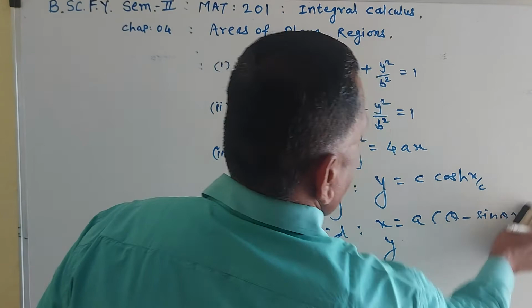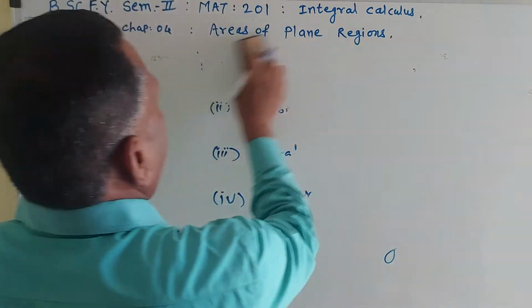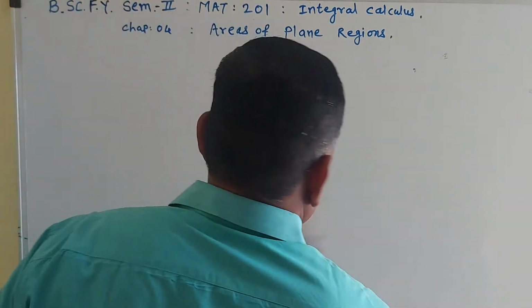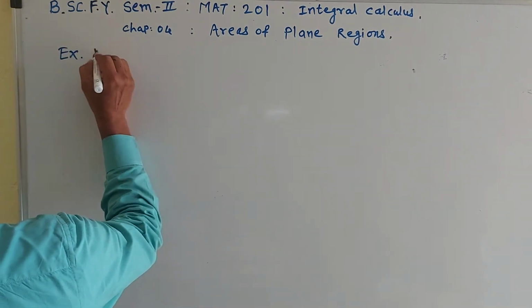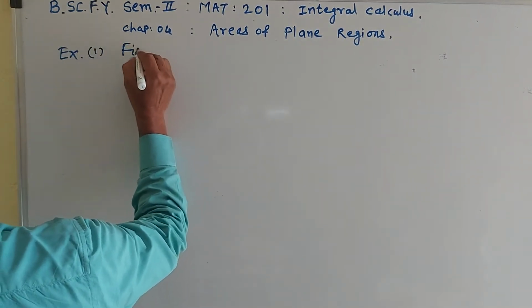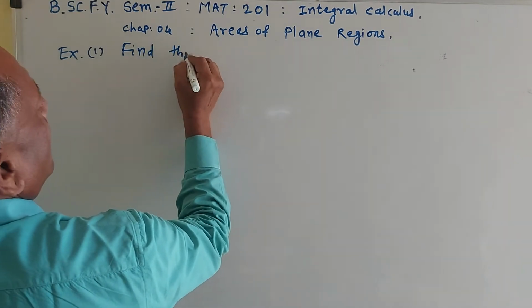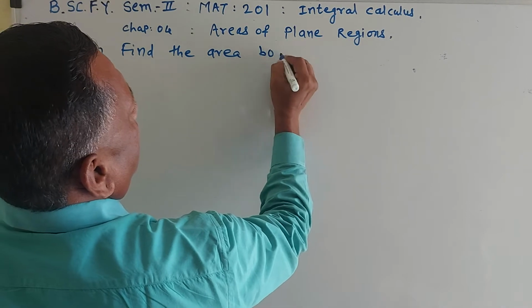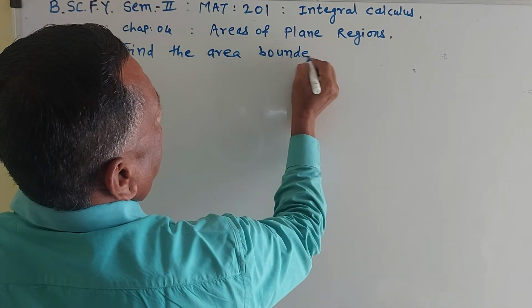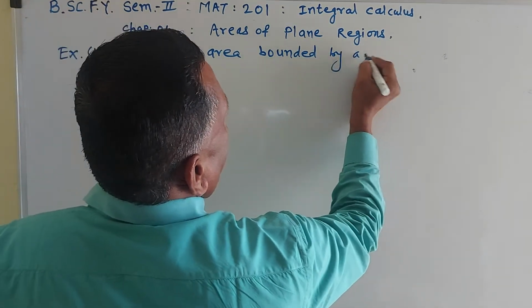So we see one example. Find the area bounded by an ellipse.